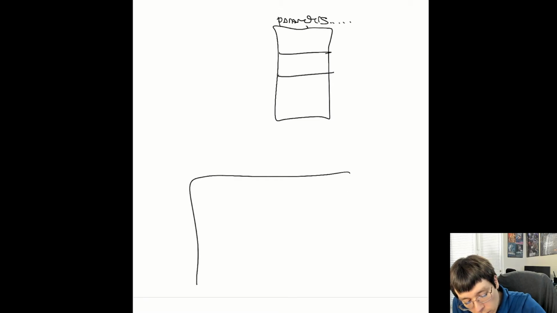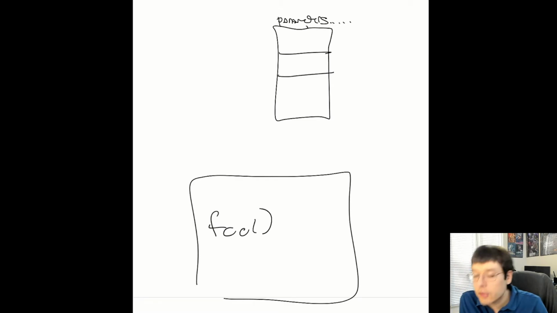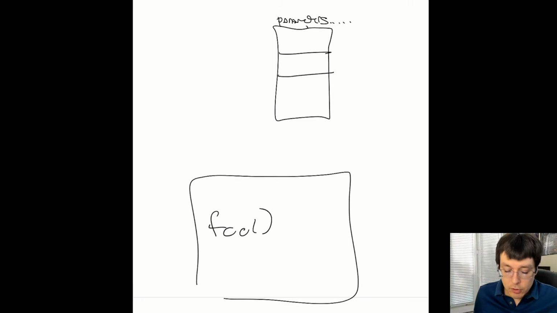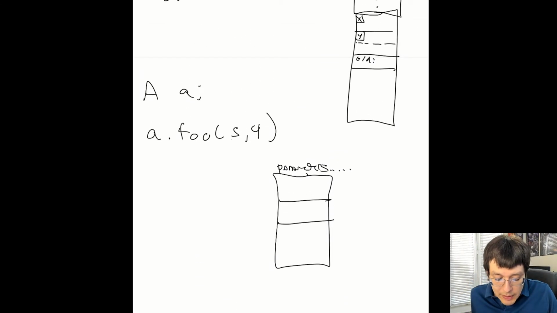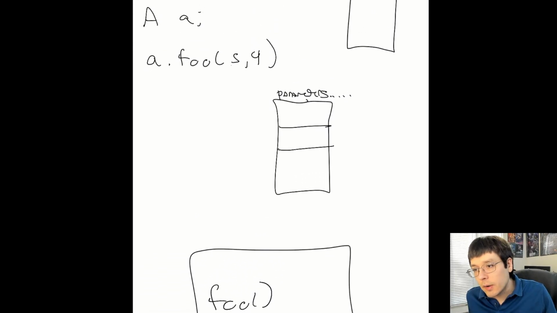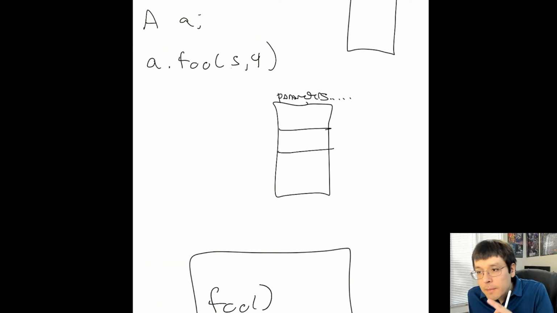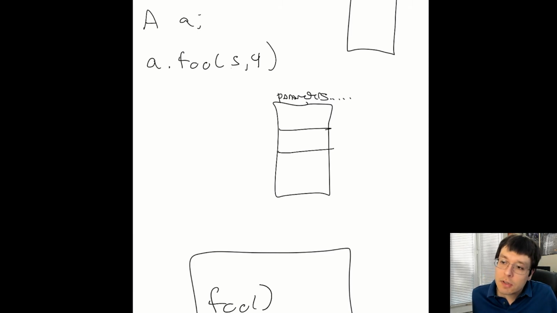But remember, unless you're doing something like virtual, there's only one instance of the code, right? So this code needs to have a reference to know who the object is that's calling it. Is it A1, A2, A3, A50? Which one is it? Now, how do you keep a reference in C++? Pointers, right? So, in addition to passing the parameters when you do a function call, it passes a pointer, which is the reference to the object that called it.